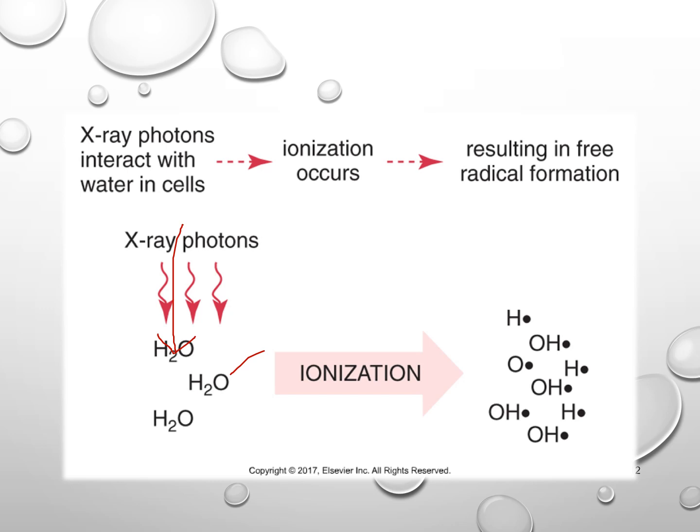And over here, this little dot next to the H is the symbol for a free radical. So the ionization occurs, and then you have all of these free radicals. Now, these free radicals have to bond with something else very, very quickly. Sometimes they'll bond with each other, and that will create a toxin, which then causes chemical changes within the cell.